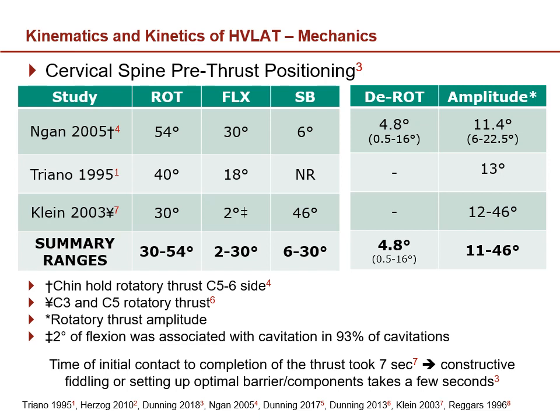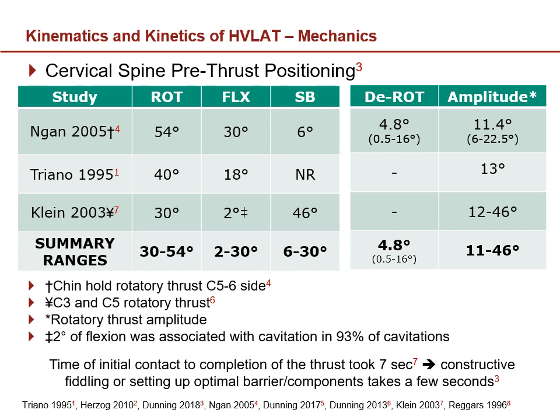So I do want to state that you can see the asterisks next to amplitude, which denotes that all of these studies looked at rotary thrusts of the cervical spine. And so you can say that there would be between 11 and 46 degrees of rotary amplitude.